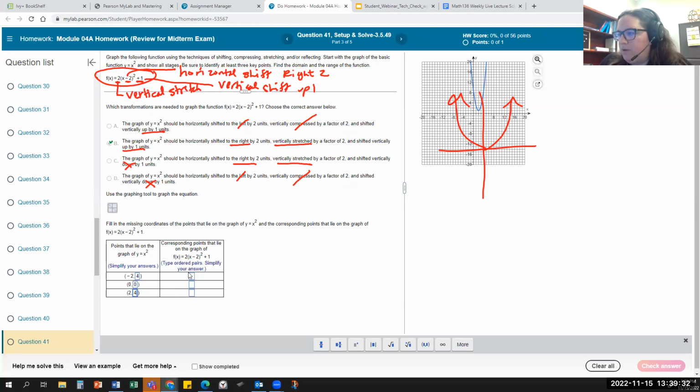But then when I look for corresponding points on the graph of this transformed function, any inside changes are going to change the x value. What I want to look at is what I would have to plug in for x to get -2, 0, and 2 being squared.